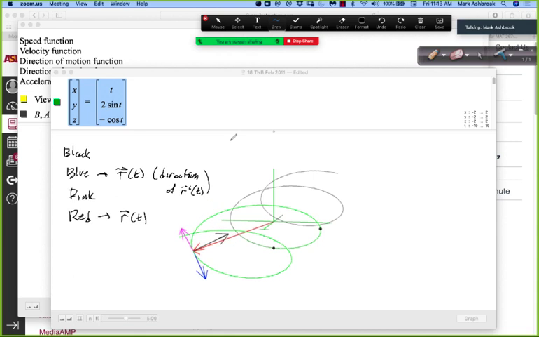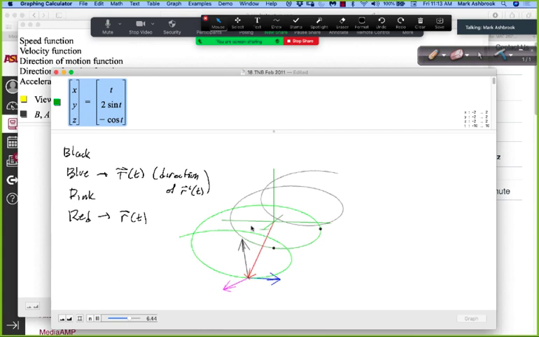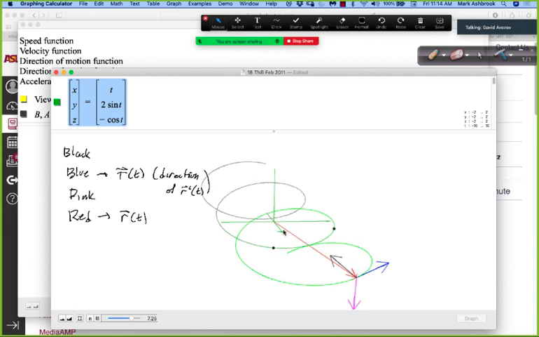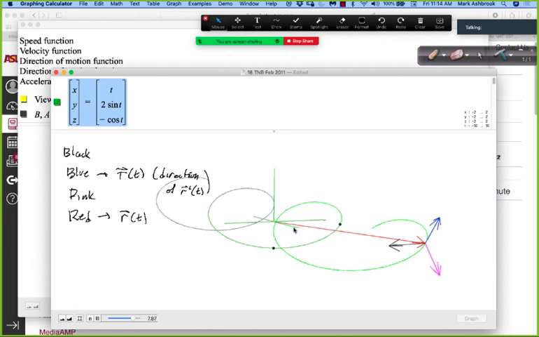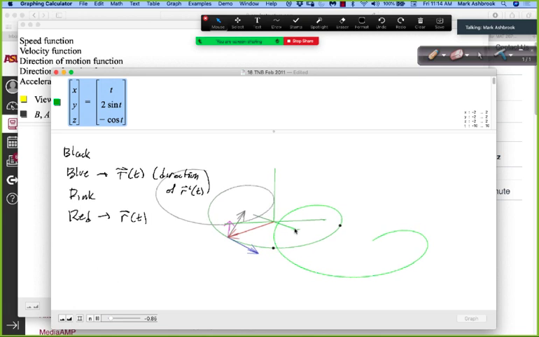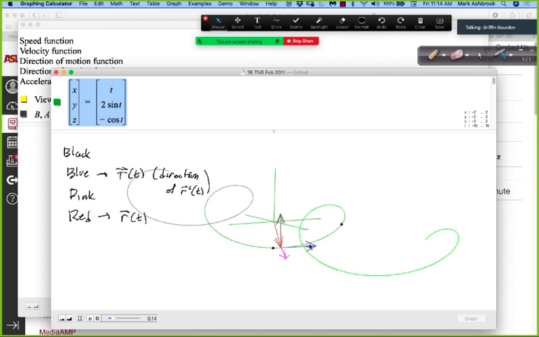Okay, how about we'll just do black next since it's the first in the list. Since the black one is orthogonal to the blue one, well, technically they're both orthogonal, but I'm guessing the black one is N. The turning vector. Yep, the black one is showing that we're turning. So what way are we turning here? If we're in our car, left.